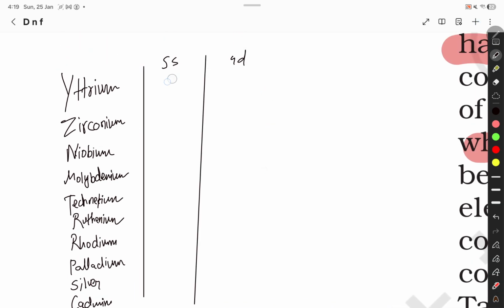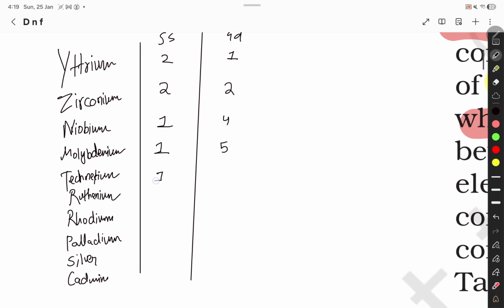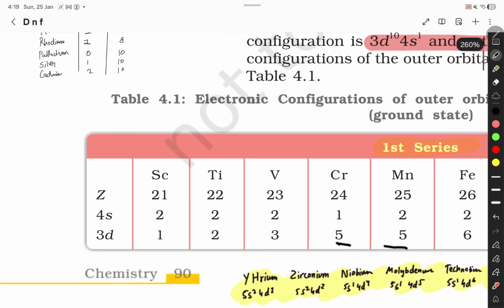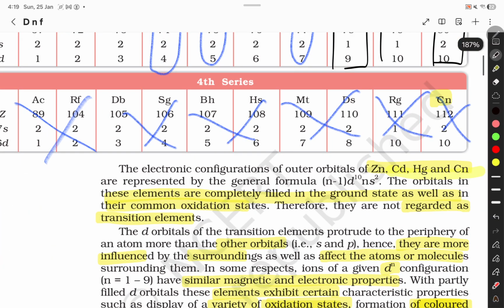Yttrium has 2 in 5s and 1 in 4d, zirconium 2 5s, 2 4d, niobium 1 5s, 4 4d, molybdenum 1 5s, 5 4d, technetium 1 5s, 6 4d, ruthenium 1 5s, 7 4d, rhodium 1 5s, 8 4d, palladium 0, 10, silver 1, 10, cadmium 2, 10. That is the order of your elements. Then we'll be moving on.